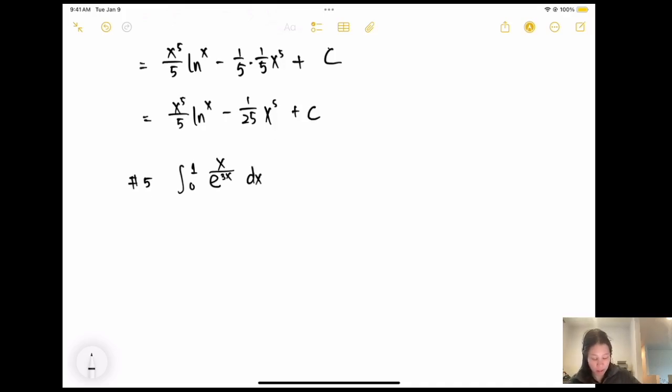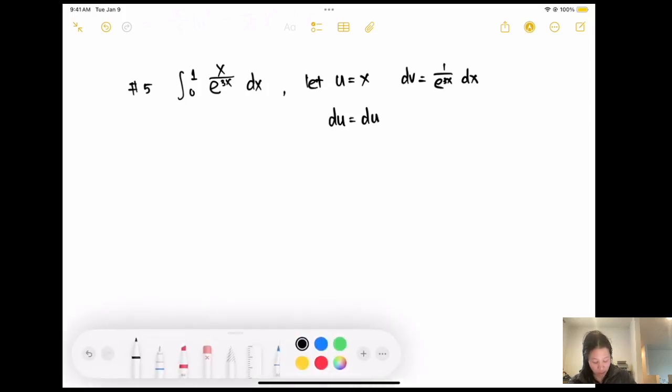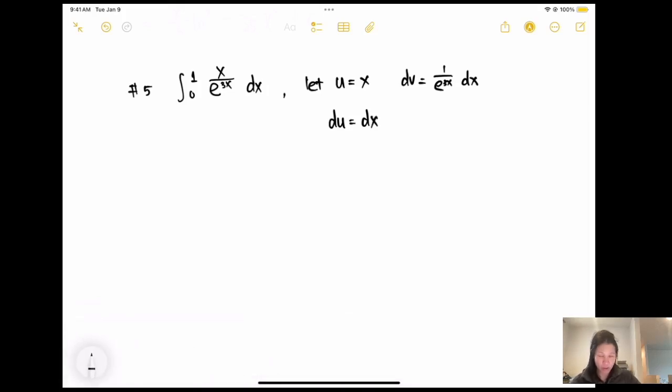So the first step is I want to let u equal x, and then dv equals 1 over e to the 3x dx. And then differentiate u, we have du equals dx. That part is easy.